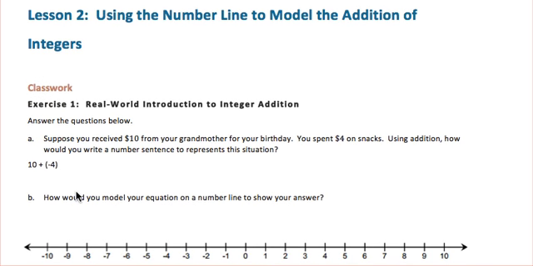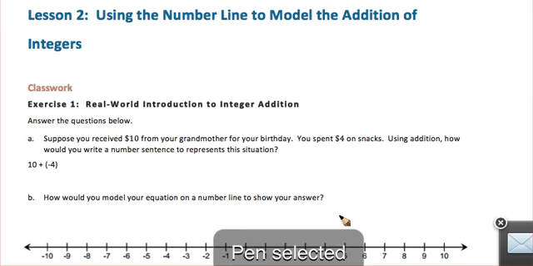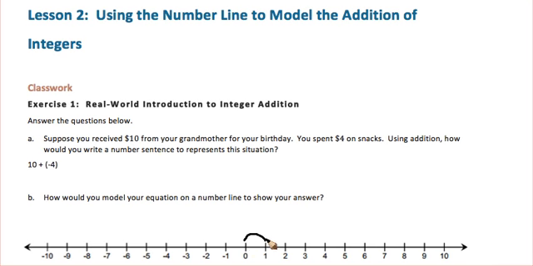We're going to model it on the number line, and remember we always start at 0. So we're going to start at 0, and we will go in a positive direction 10 spaces.